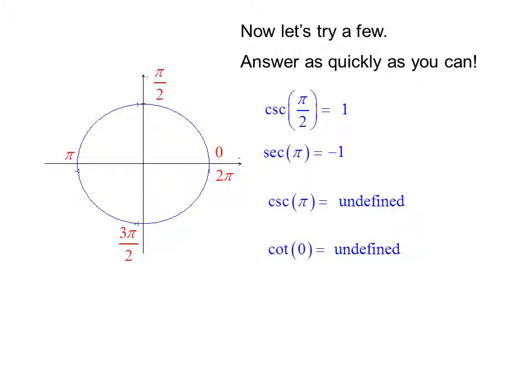Undefined, because we're dividing by sine, and the sine is 0. Cotangent of pi, undefined. Secant of pi over 2, undefined. You need to practice these until you've got them down. You don't have to have them memorized, though. You can think about or look at the unit circle.